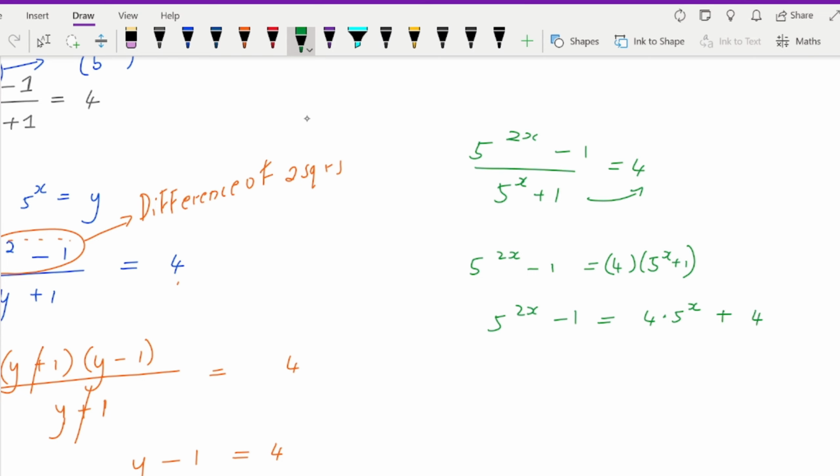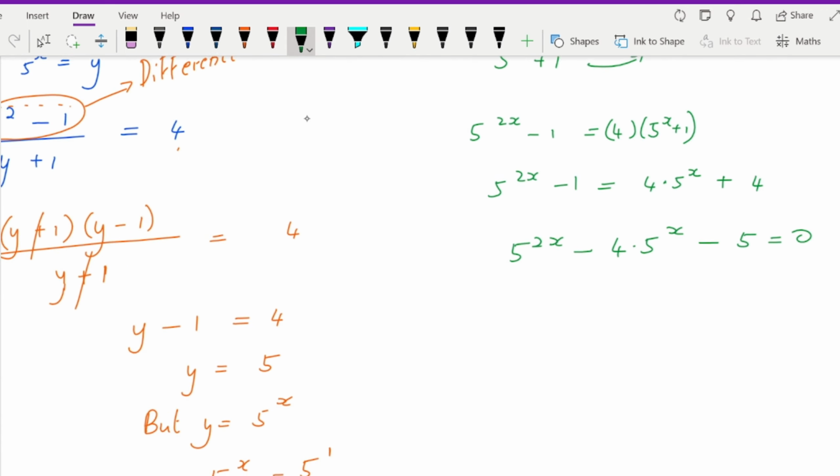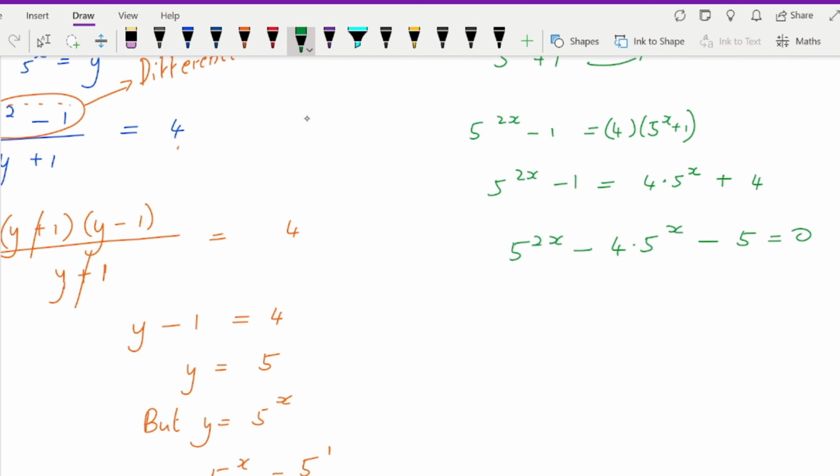Okay, bringing to the other side, we get 5^(2x) minus 4 times 5 to the power x minus 5 equals 0. So from here you can now do what we did here.